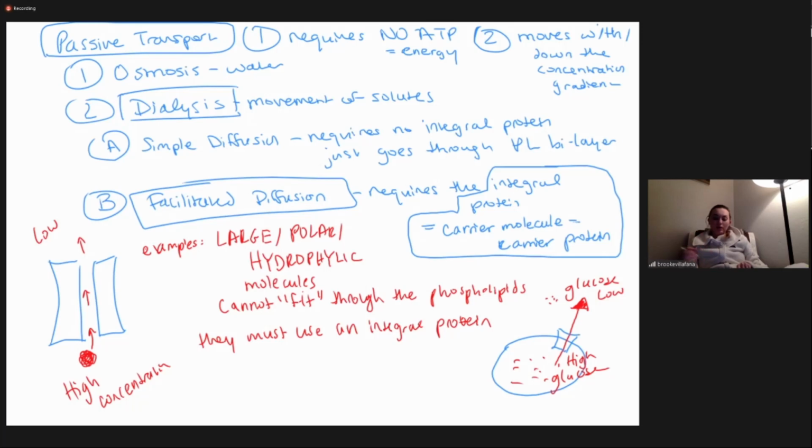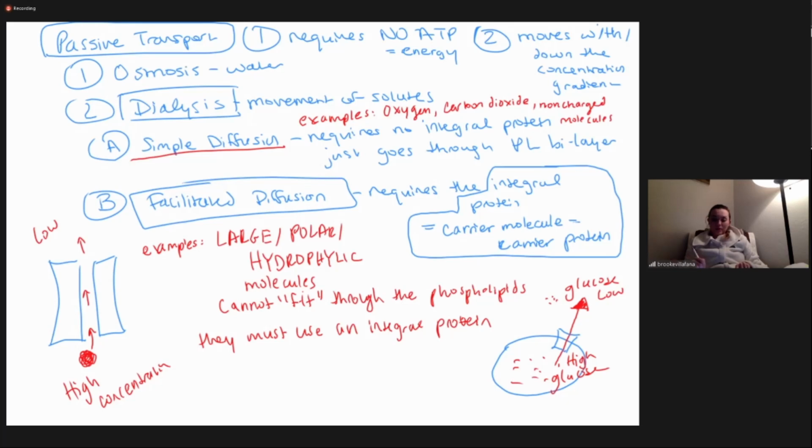Same concept as simple diffusion, it's just that it uses the integral protein for large polar or hydrophilic molecules. Okay, some examples you would need to know of what can pass through by simple diffusion are oxygen, carbon dioxide, and non-charged molecules. So if it's not charged, it can pass through.